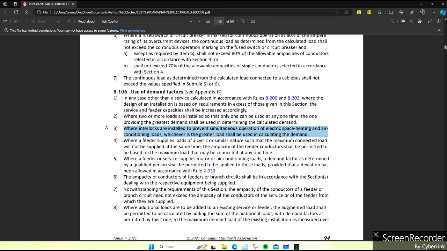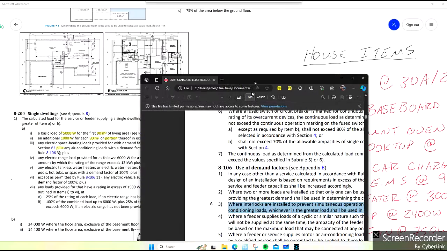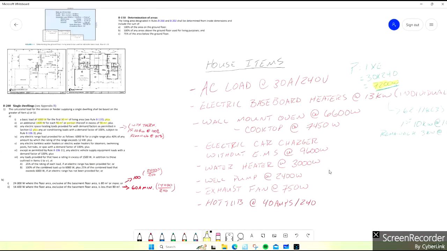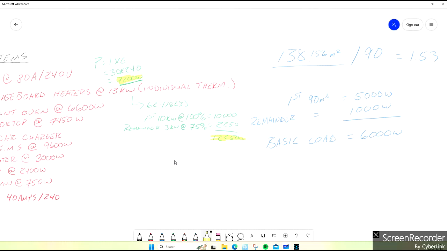Right? So where interlocks are installed to prevent the simultaneous operation of electric space heating and air conditioning, whichever is the greater load shall be used in calculating the demand. Okay, so in this case, our electric baseboard heating load is greater than the air conditioner load. So we're not going to use the AC.